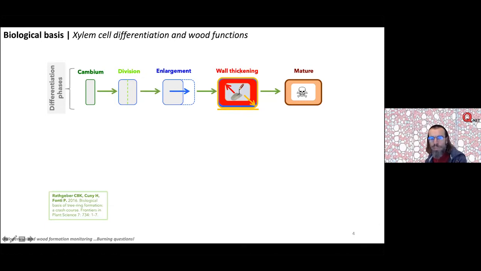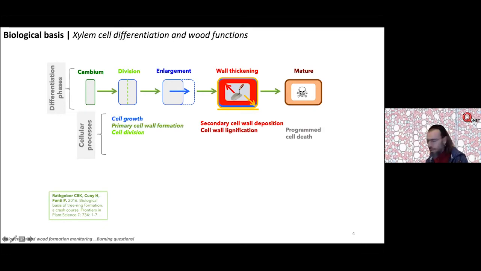This phase we call wall thickening usually. And then the last phase of differentiation is the death, which is a programmed cell death of this wood cell. And then the wood cell is left with an empty lumen and its cell wall, and it gets its full property for functioning.